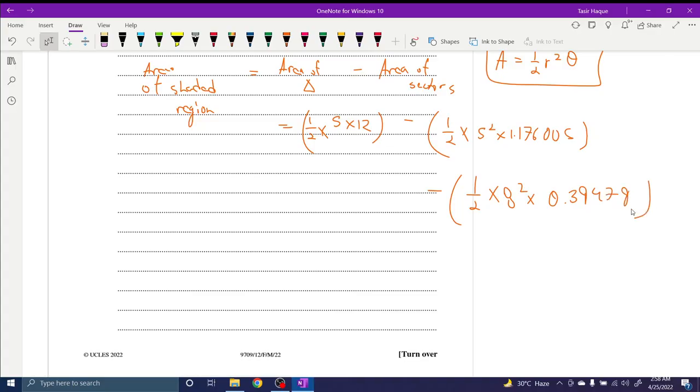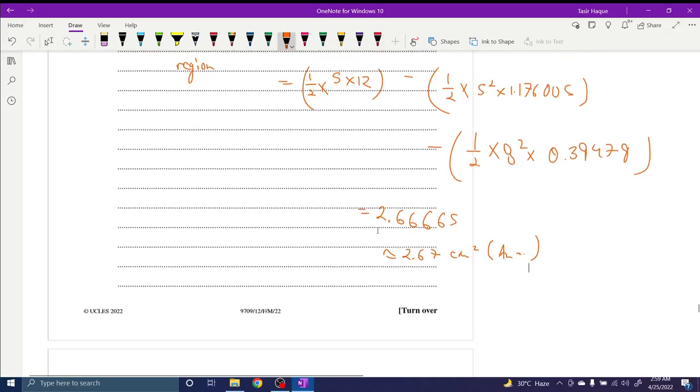That's fine. Okay. Half into 5 into 12 minus 0.5 into 25 into 1.176005 minus 0.5 into 8 into 8 into 0.39479. You're going to get a value of 2.66665 or something. It's rounded off to 2.67 centimeters square. That's your final answer. Okay, they accepted values ranging from 2.66 to 2.67. That's accepted.